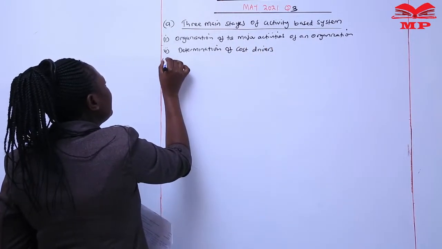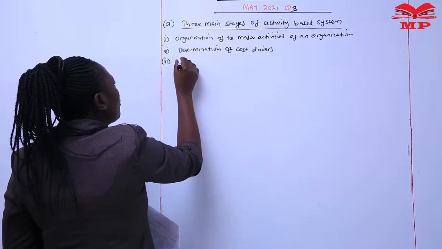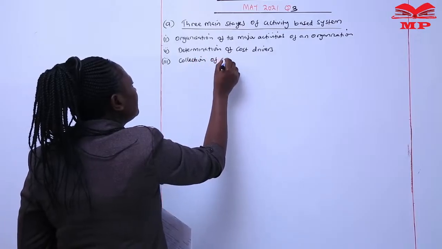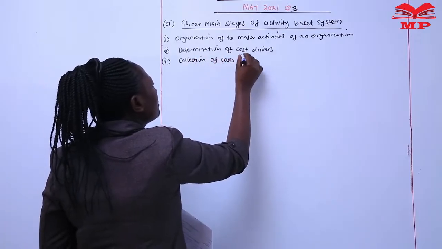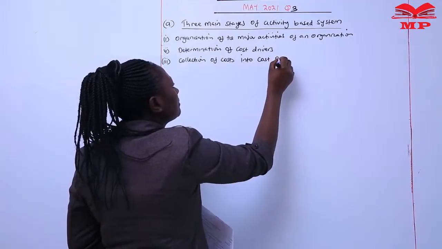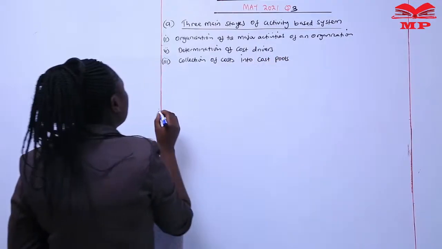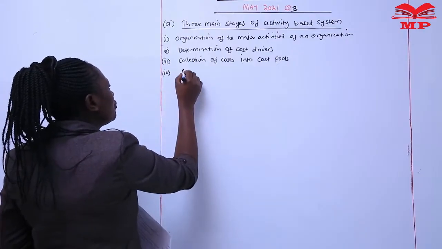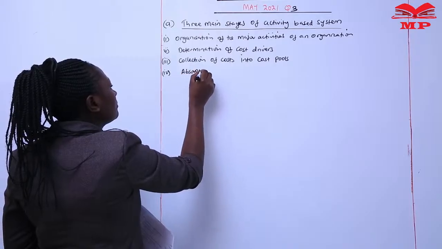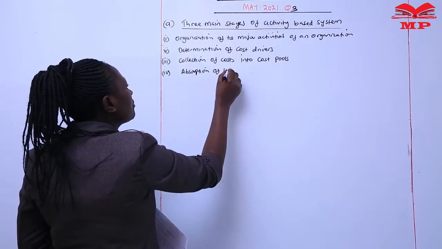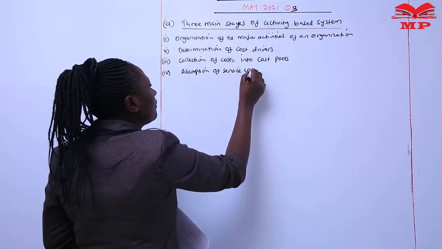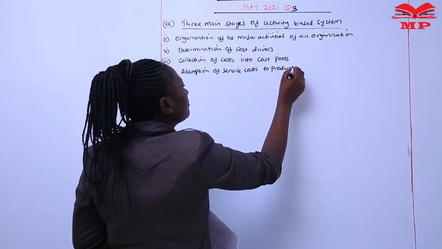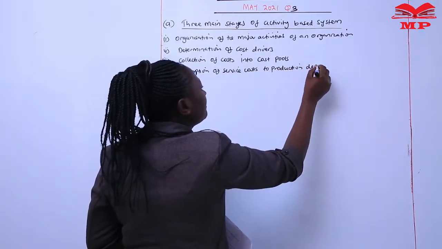Stage number 3, collection of costs into cost pools. And I can add you one more stage, absorption of service costs to production departments.